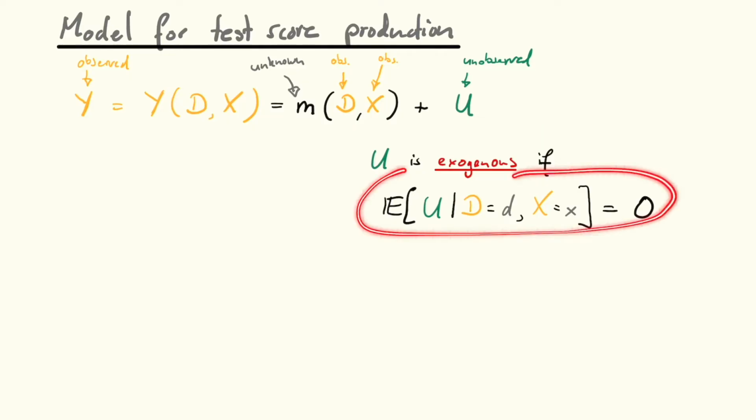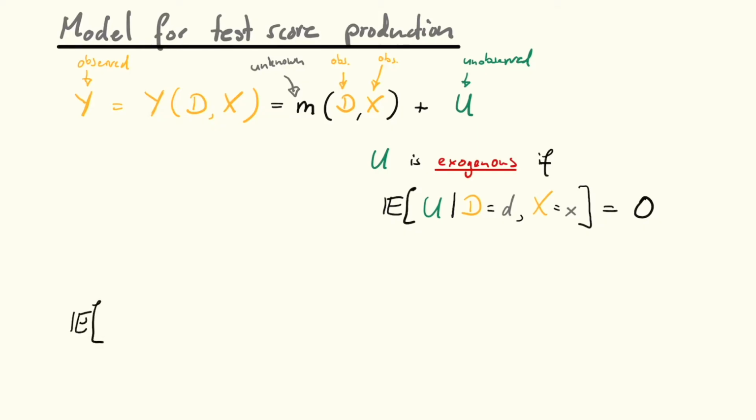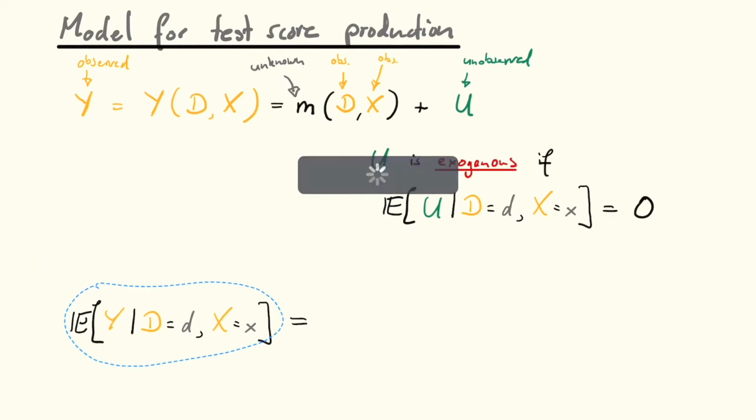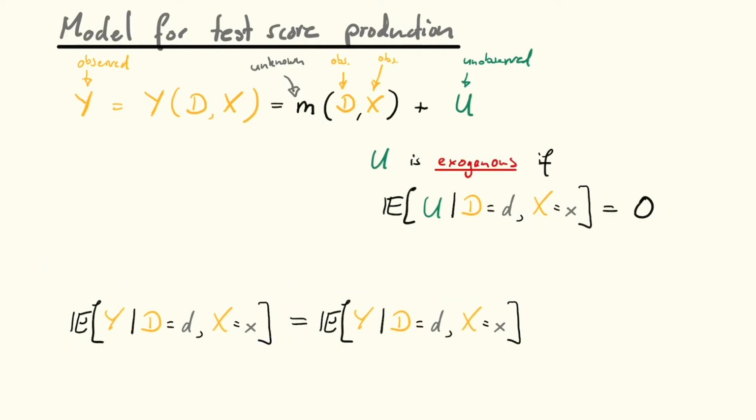Under this assumption, the m function has a very particular interpretation. To see this, let's take the average of y over this subpopulation. This will be equal to, and now I will just plug in for y.